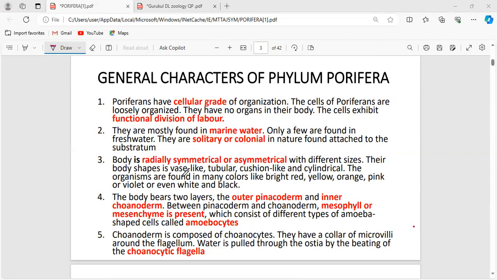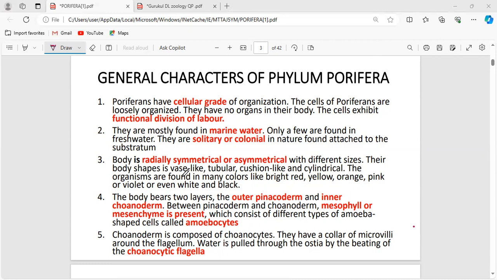The cells present in the outer layer, the pinacoderm, are called pinacocytes. The cells present in the choanoderm, the inner layer, are called choanocytes, and the flagella are present in the inner layer, the choanoderm.